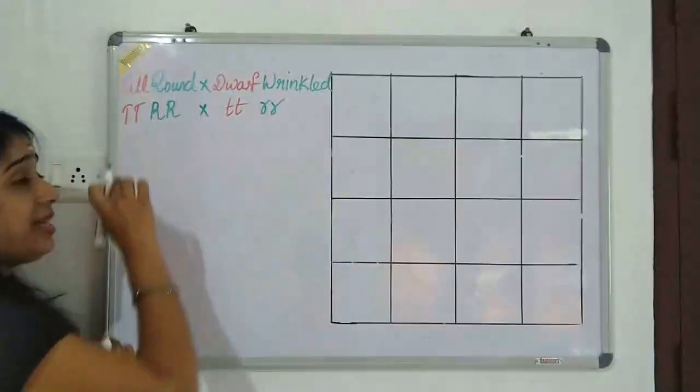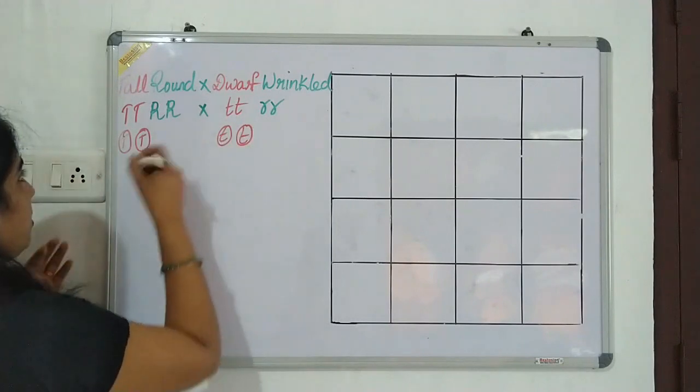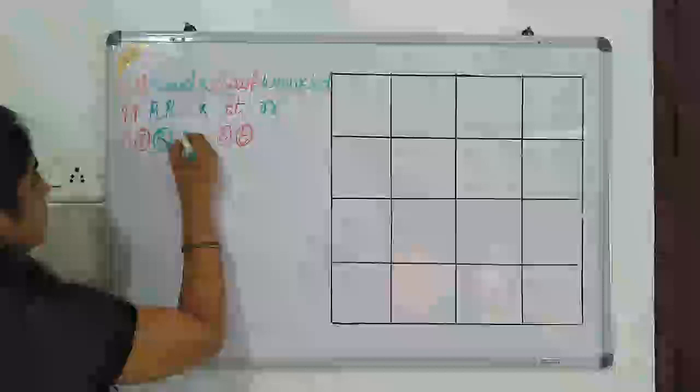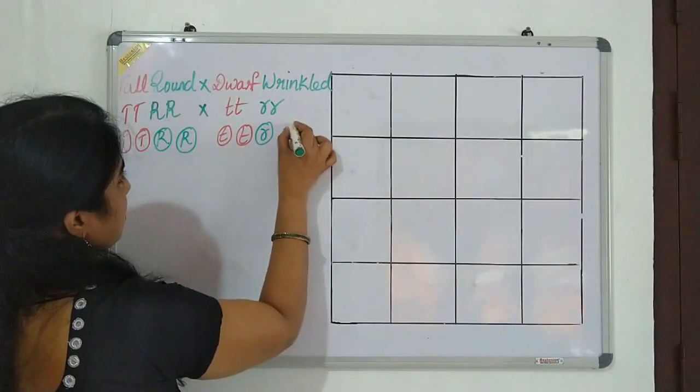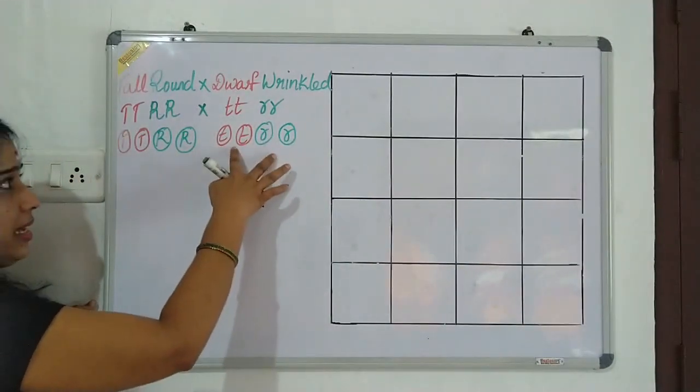Now we can observe. At the time of gamete formation, you had already seen it, first we can divide it into gametes. Yes, here small t, separation, and here capital R, here small r. So they get separated into 4 gametes here as well as here.